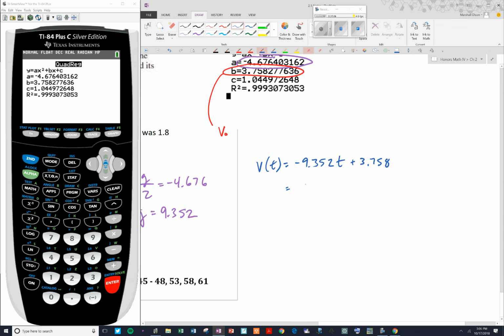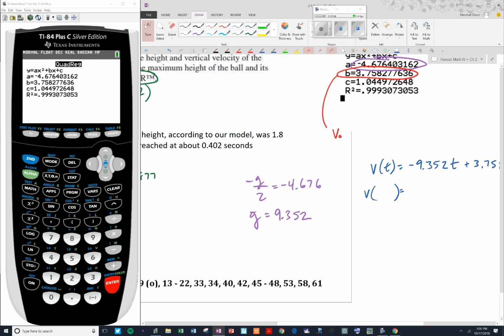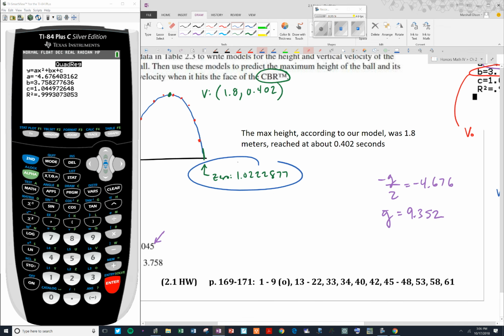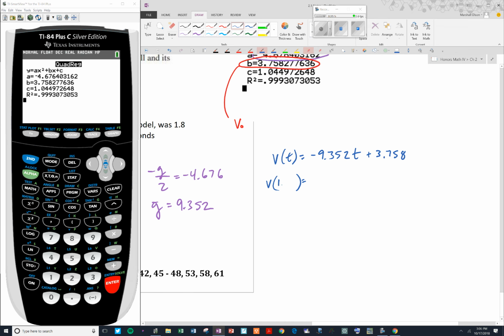So if I put what time I want to find that velocity at, then I will have to use that 0 that we have right there for my time. We know that that's how long after it was launched that it hits the face of the CBR, so 1.022 and so on and so forth. We put that in to the function.